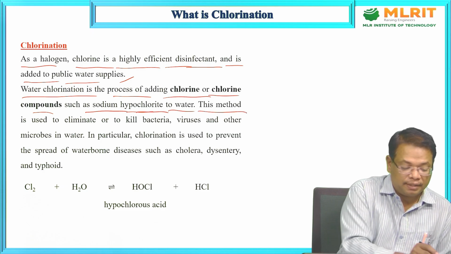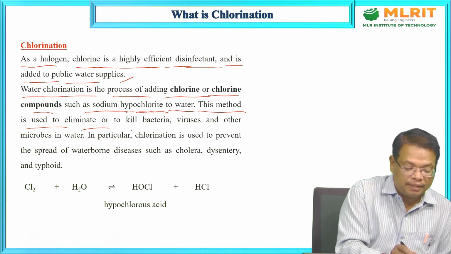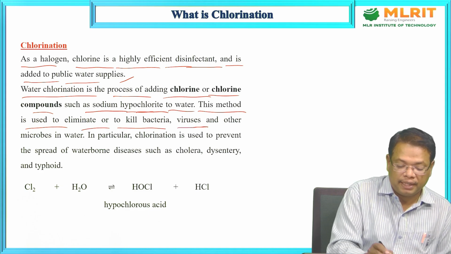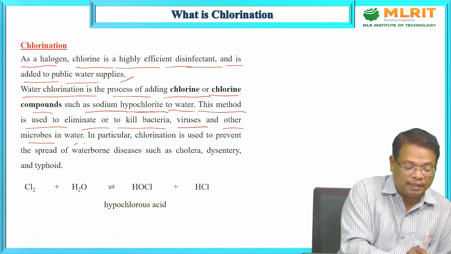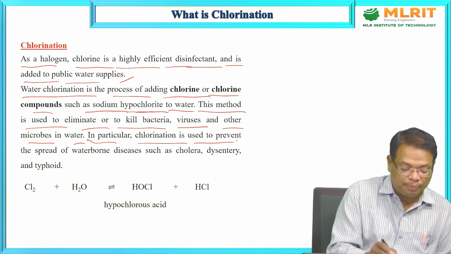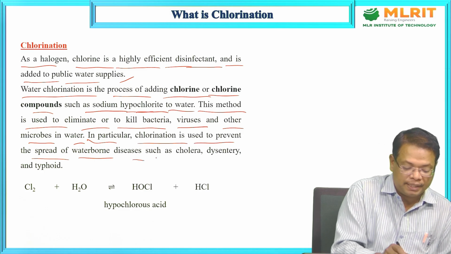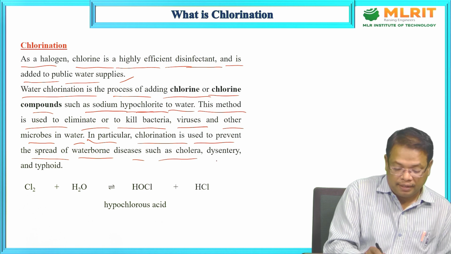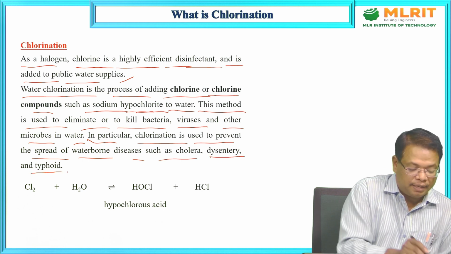This method is used to eliminate or kill bacteria, viruses, and other microbes in the water. In particular, chlorination is used to prevent the spread of waterborne diseases such as cholera, dysentery, and typhoid.